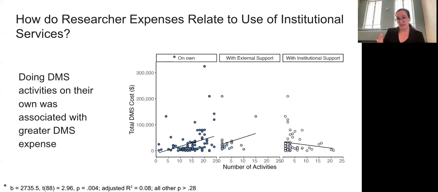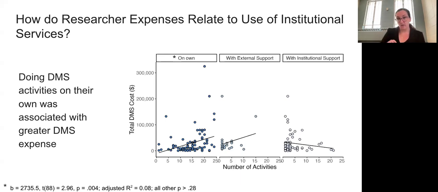How many of those activities did that affect how much they reported spending on data management and sharing? And so only one of these comparisons was significant, and that was the fact that for every activity they did on their own, so without institutional support, without external support, the amount they spend on their data management sharing increased.